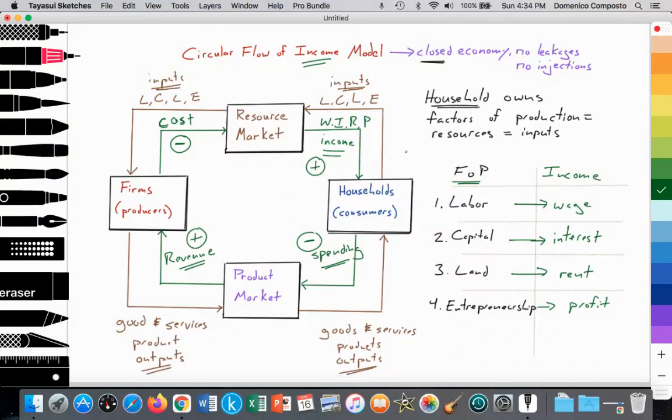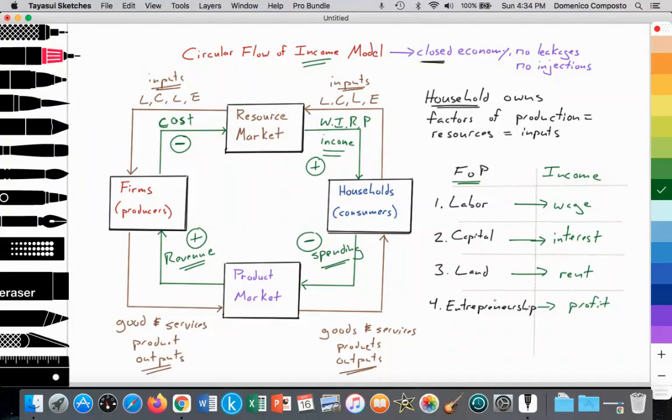As can be seen in the circular flow of income model, we have households that own factors of production, and these include land, labor, capital, entrepreneurship. And households generate income from the sale of these resources when they offer them to firms. Income is generated in the form of wages for labor, interest for capital, rent for land, and profit for entrepreneurship.